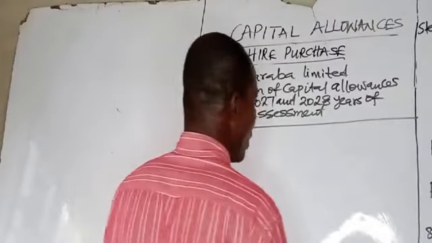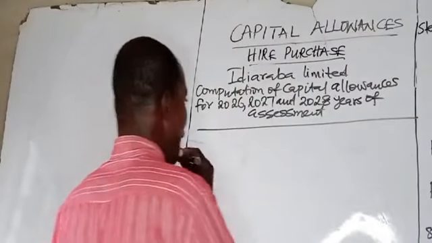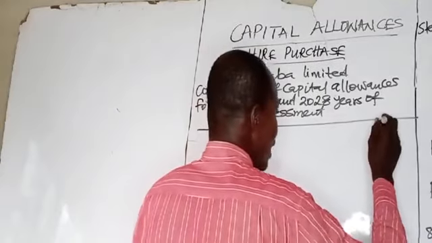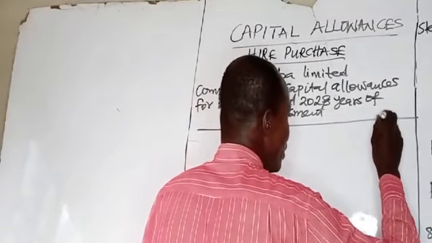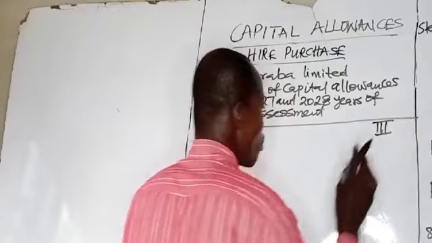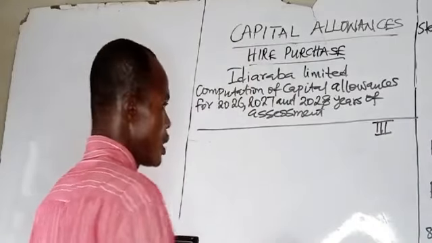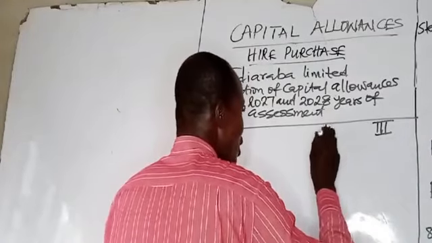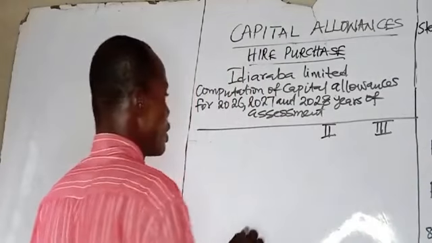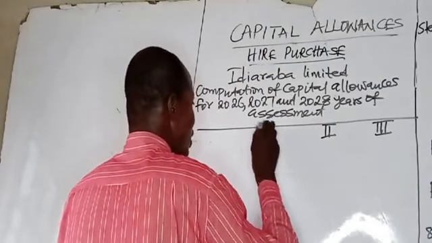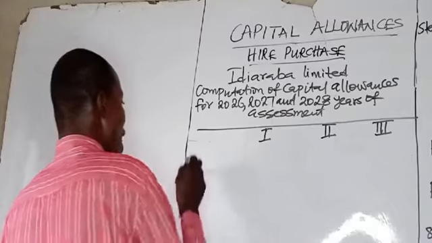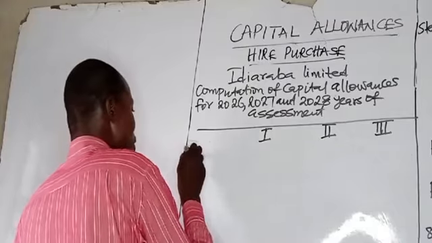So let me have category 3, because one qualifies in 2028, another one qualifies in 2027, then in 2026. So we have capital allowance rate.